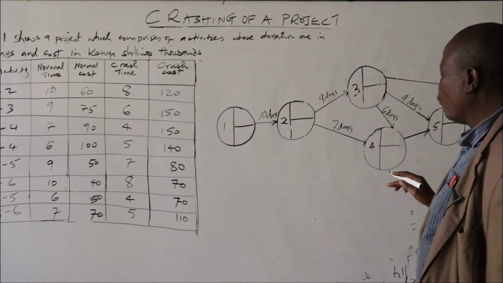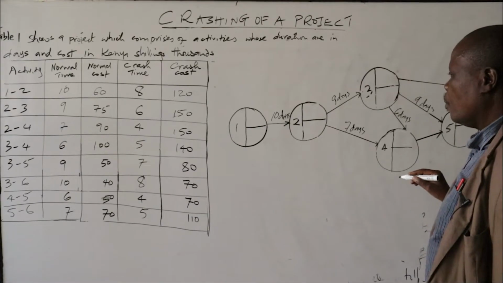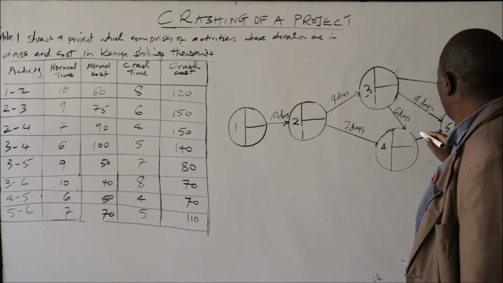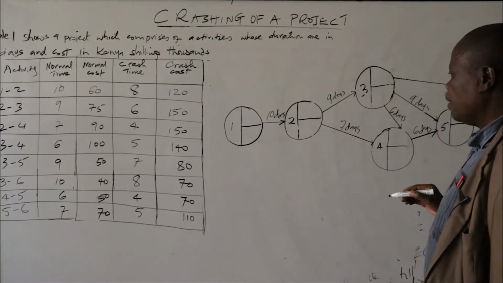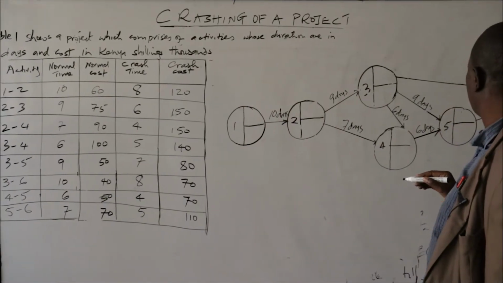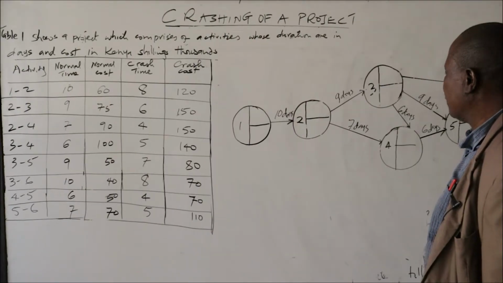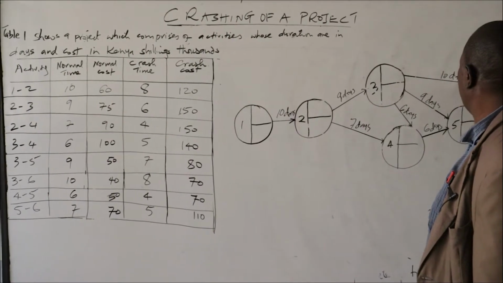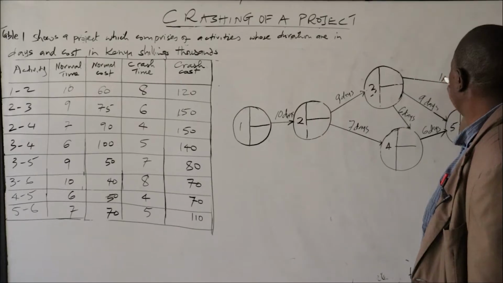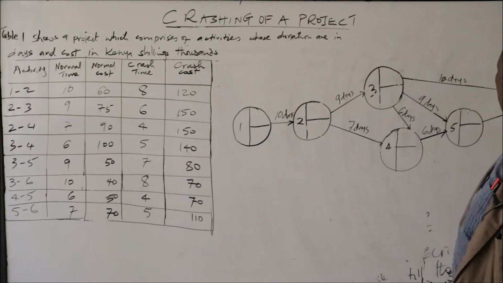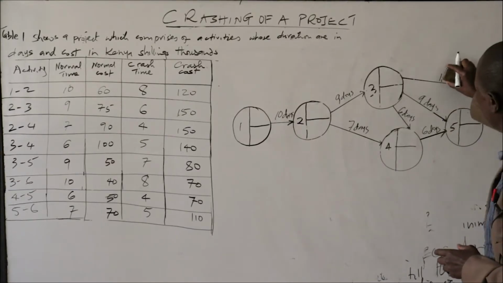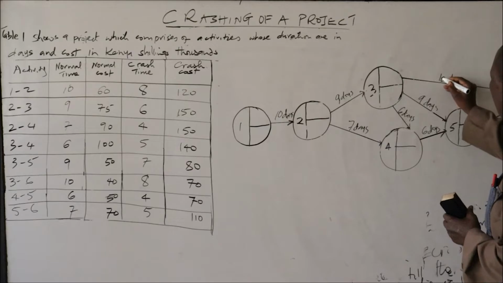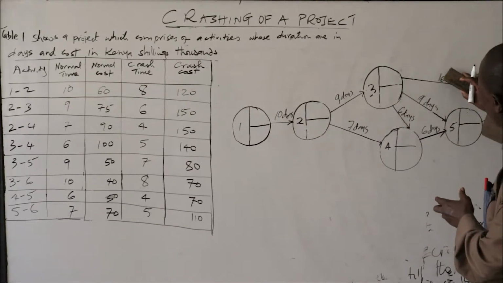Then 4 to 5. 4 to 5 is 6 days. Then 3 to 6. 3 to 6 is 10 days.